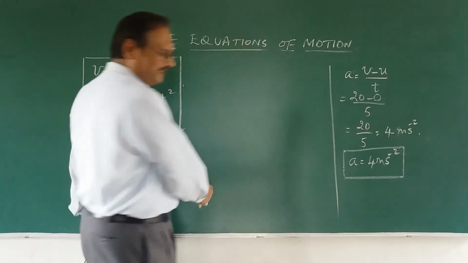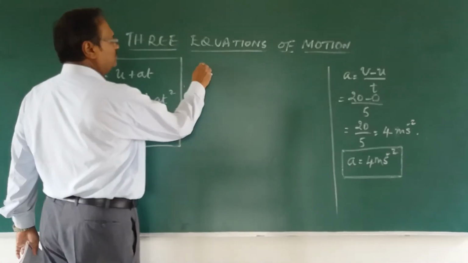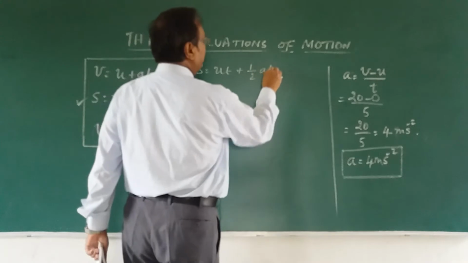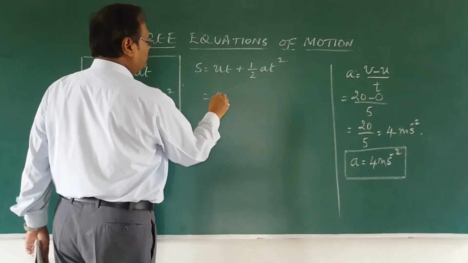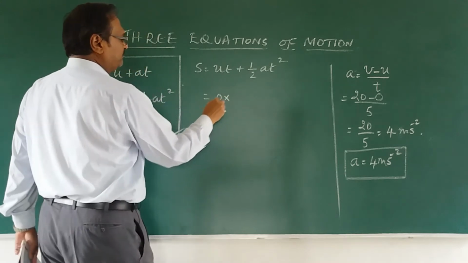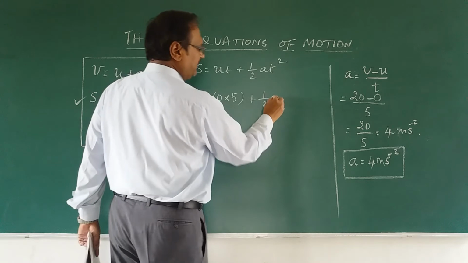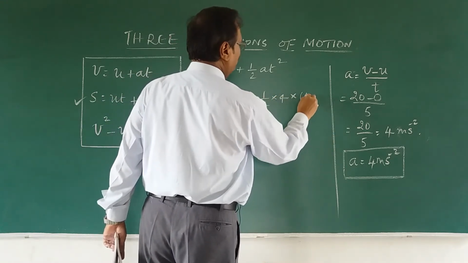We have to calculate the distance. s is equal to ut plus half at square, that is u was 0 multiplied by time, we took time as 5 seconds, plus half into a, which we calculated to be 4, into t square, time is 5.